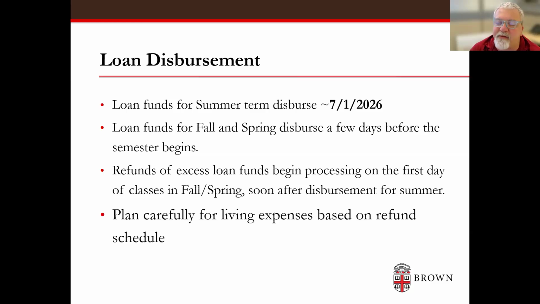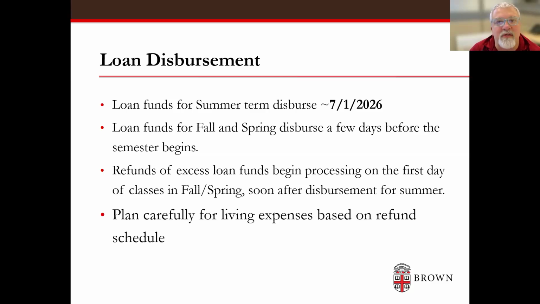What that means is that if you borrow above your direct costs that Fran talked about earlier, and you have a refund or a credit on your account for other expenses, then you can get that back as a refund. But it does depend on the term that you're in.